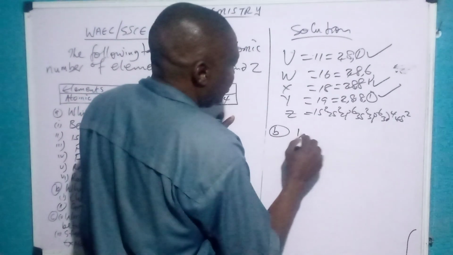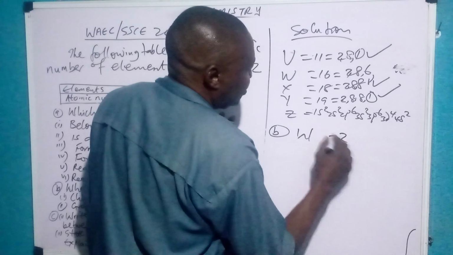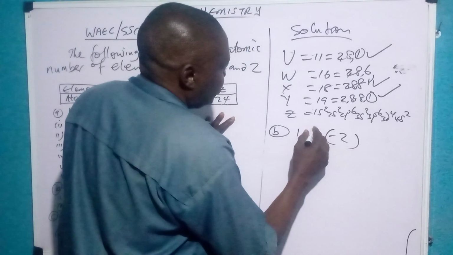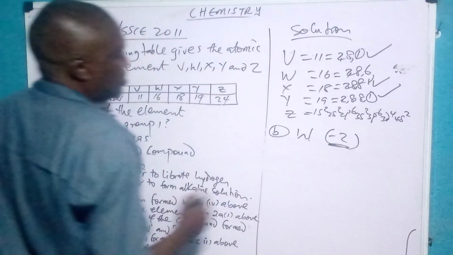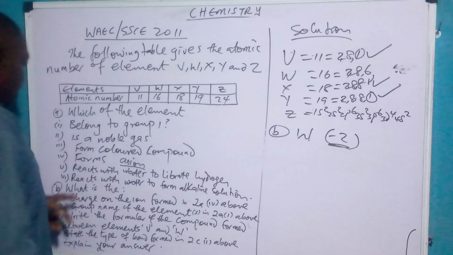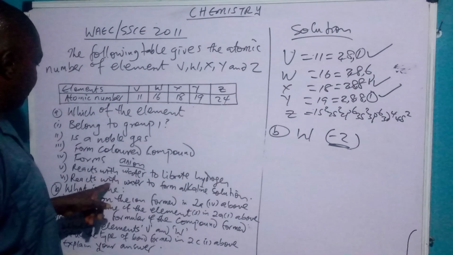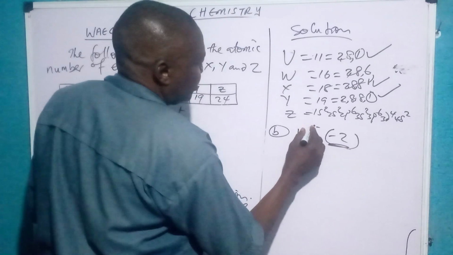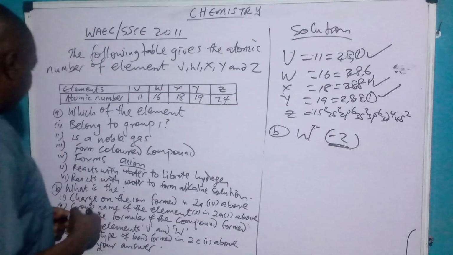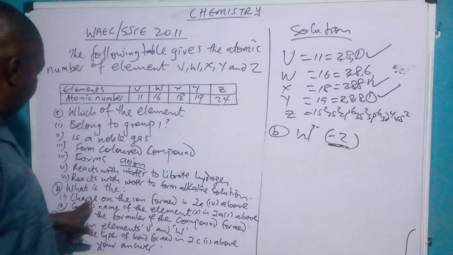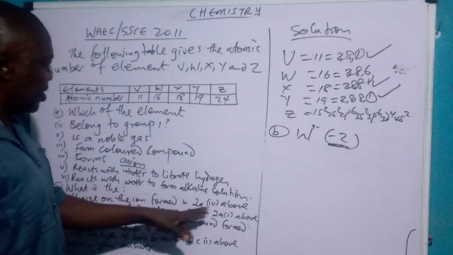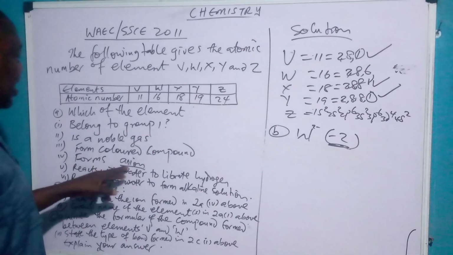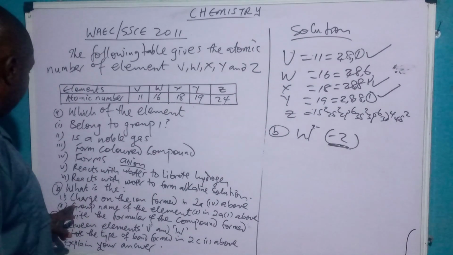That's W. The charge is -2. So that's the charge formed. That W2 minus is -2. Charge on the ion formed in 2A4 above, that's for the anion, negative ion.